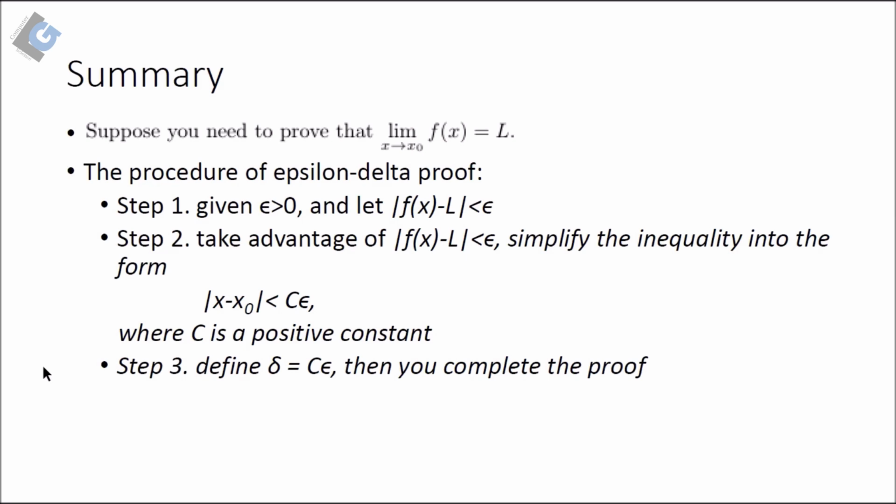Second step, take advantage of the inequality and simplify it into the form: absolute value of x minus x sub 0 is less than c multiplied by epsilon, where c is a positive constant. Then final step, you define delta equal to c epsilon. Then you complete the proof.